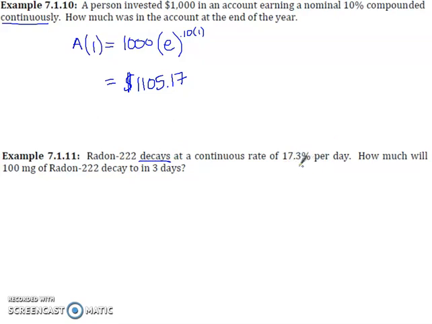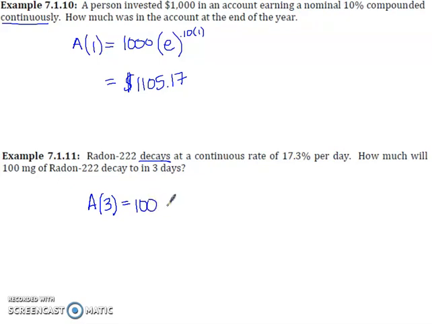Example 2, we are talking about decay of 17.3% per day, which means we're going to have a negative r for a continuous growth or decay scenario. We want to know how much we will have left after 3 days. Our interest rate is in days, so since our units match, we're okay to proceed. I start with 100 milligrams.